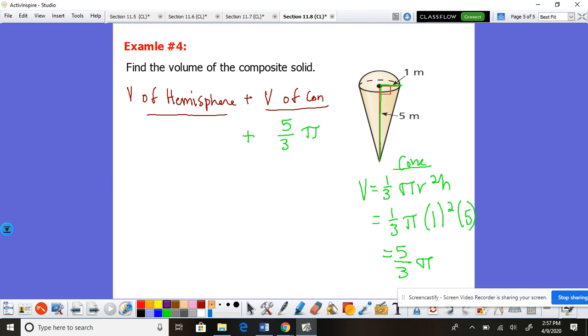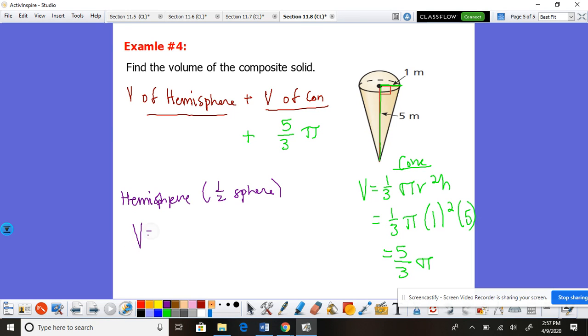Now I want to find the volume of my hemisphere, which is half of a sphere. So I'm going to get the volume of my entire sphere and then divide it by 2, or just multiply it by half. Same thing.